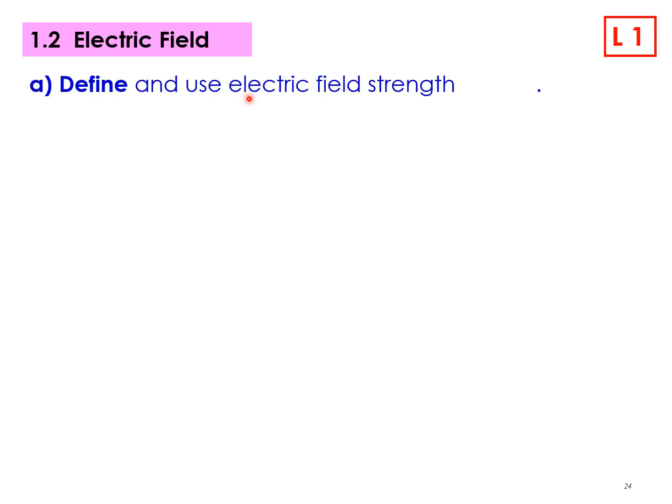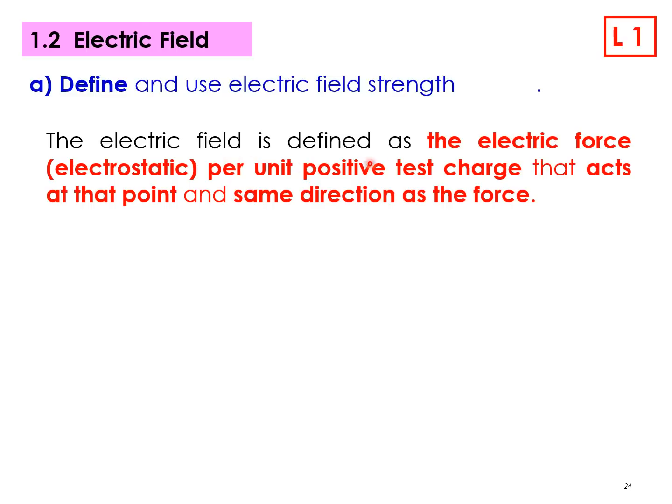And if other charges are in that field, the other charges will experience electric force. For the definition, you can define it as: electric field is defined as the electric force or electrostatic force per unit positive test charge that acts at that point, and it is in the same direction as the force, meaning the direction of electric field strength is the same as the electric force.